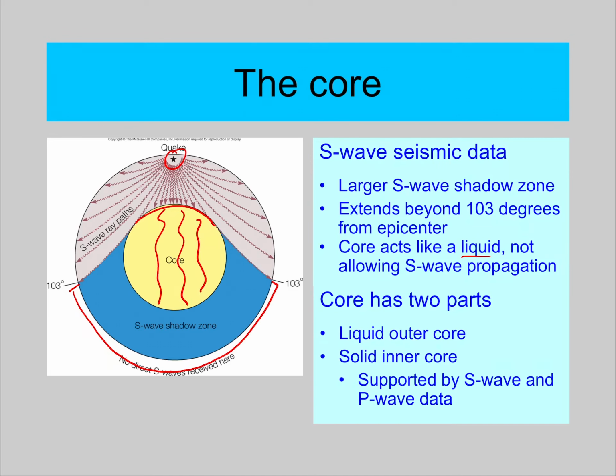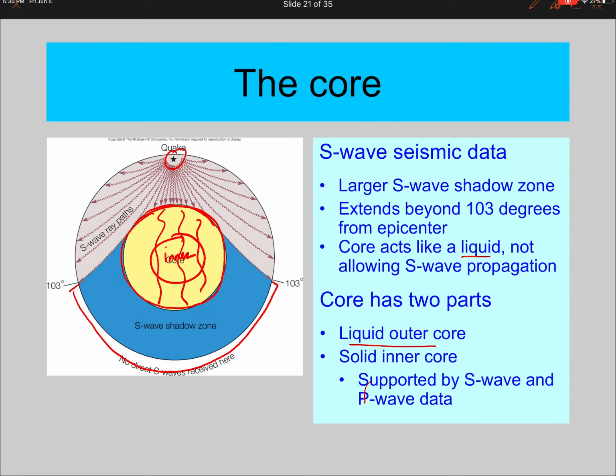What this tells us is the core is most likely made out of two parts. There is a liquid outer core, which is acting like a shell, a shield for the S waves, and there's a solid inner core, which is supported by both the S wave and the P wave data that we discussed.